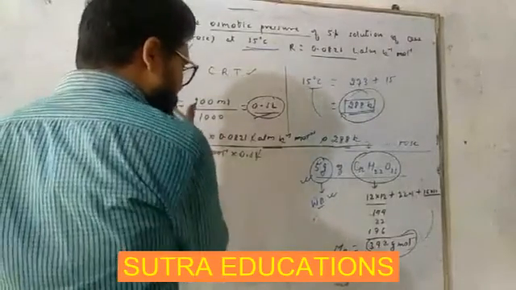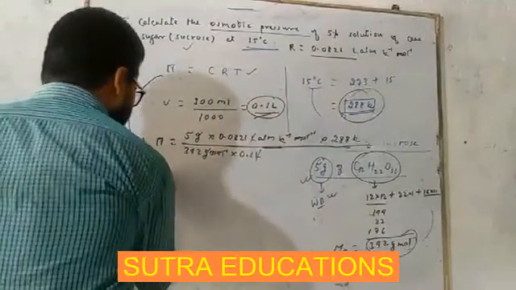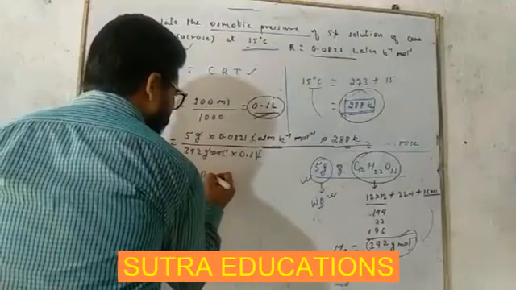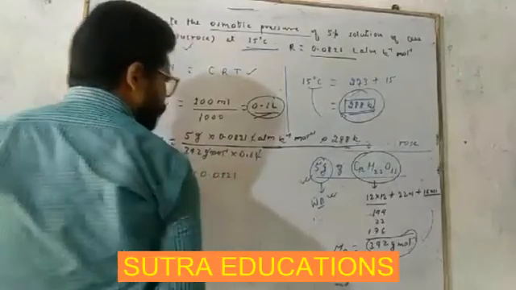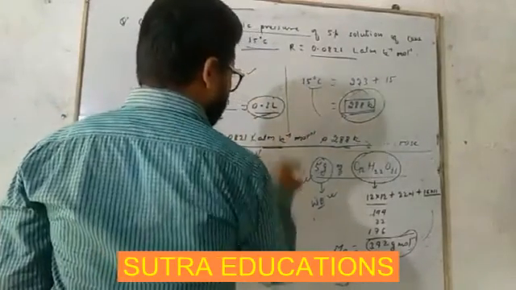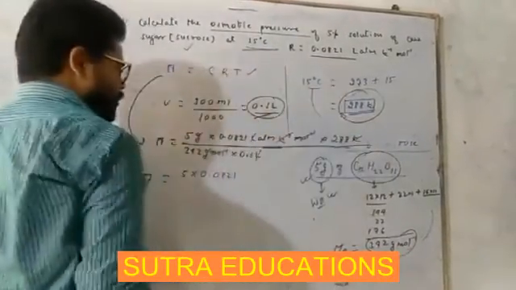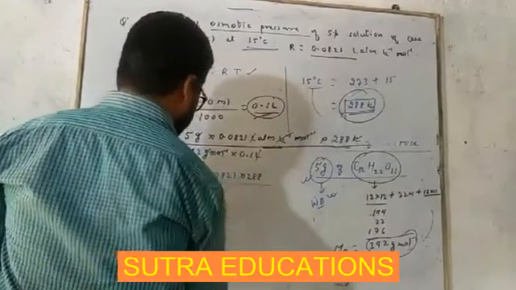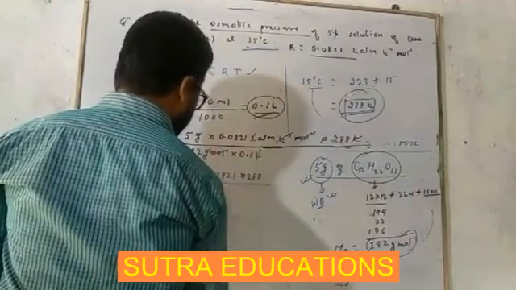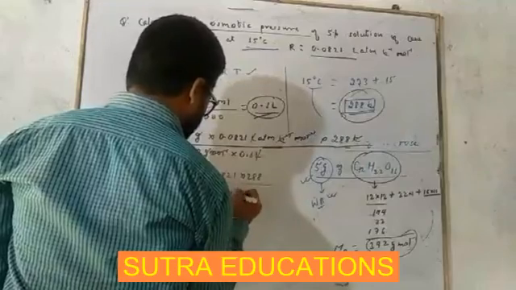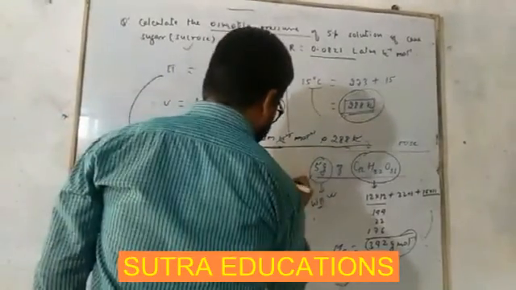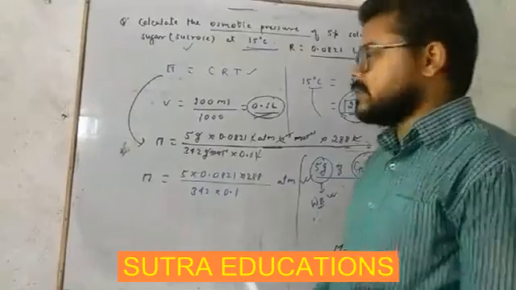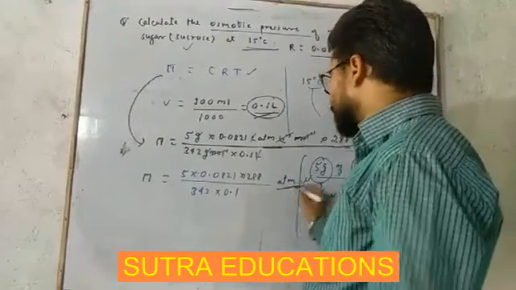So we will get pi is equal to 5 into 0.0821, K inverse and K will get cancelled, into 288, upon 342 into 0.1 atm, atmospheric pressure. Pi is osmotic pressure, so obviously we are going to get it in atm.